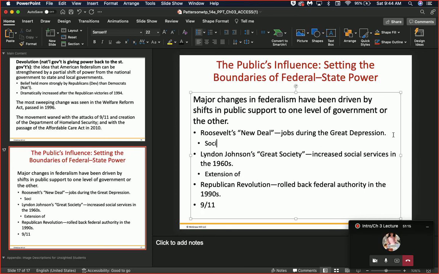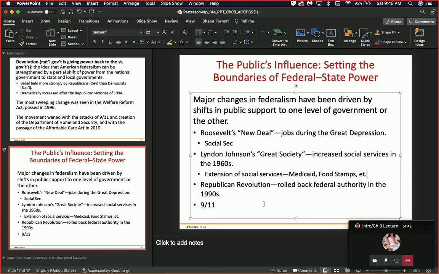The Great Society under Lyndon B. Johnson, there we go, really extended this, because this is whenever we saw the extension of social services through things like Medicaid, through food stamps, so on and so forth.